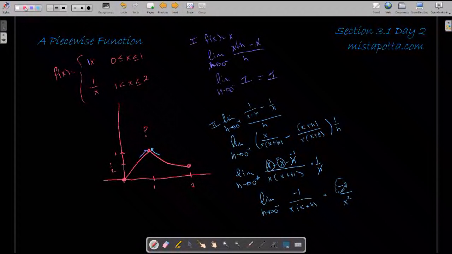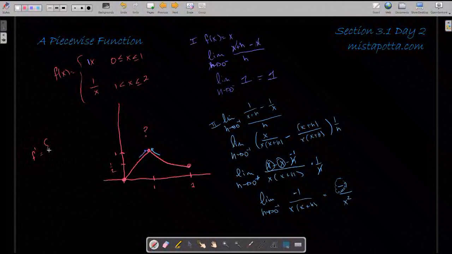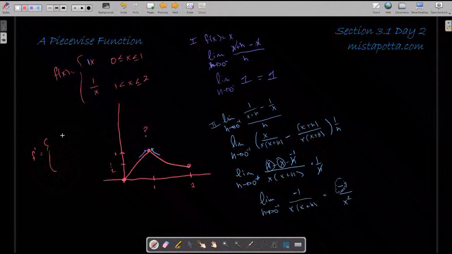From the standpoint of a true derivative, I would have to look at it this way. I would have to say that my derivative is equal to 1 for 0 less than x less than 1, and for negative 1 over x squared for 1 less than x less than 2.